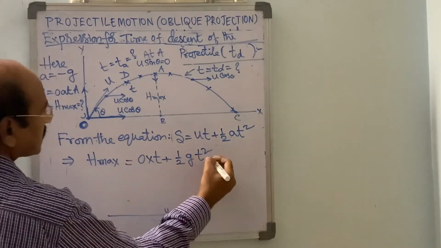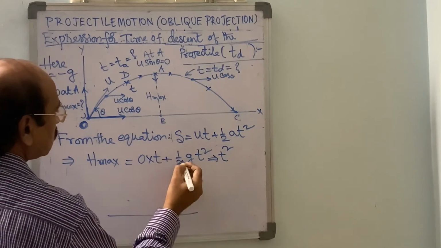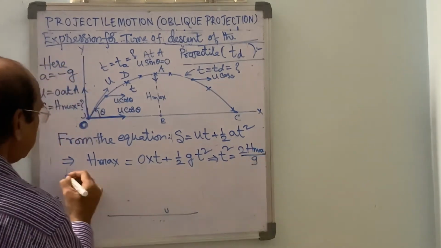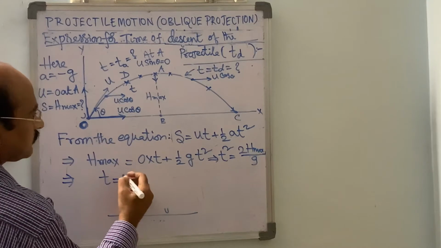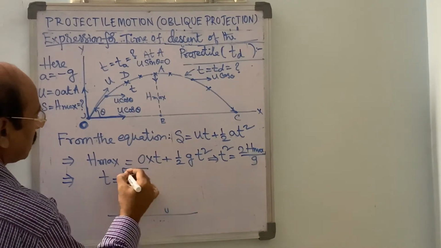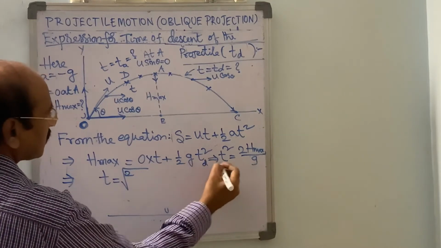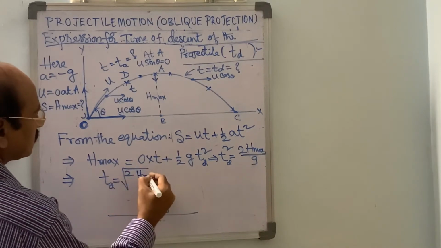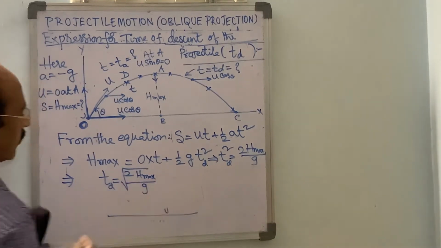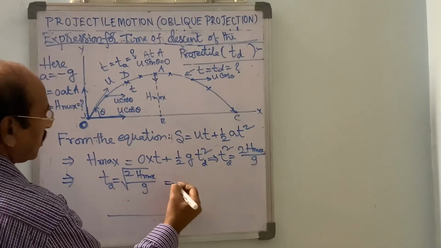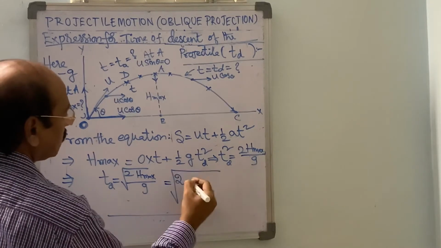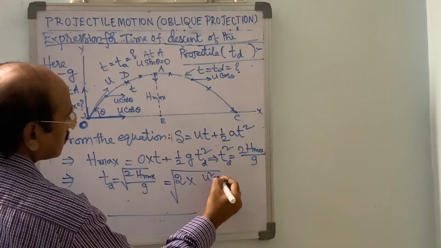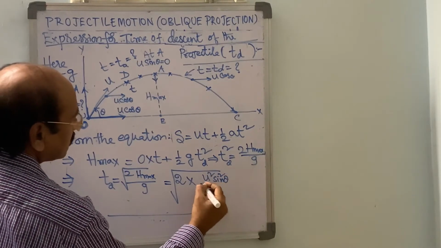Therefore, t square is equal to 2h maximum by g, or t is equal to square root of 2h maximum by g. Td is equal to the square root of 2 by g into h maximum, which is already obtained as u square sin square theta by 2g.